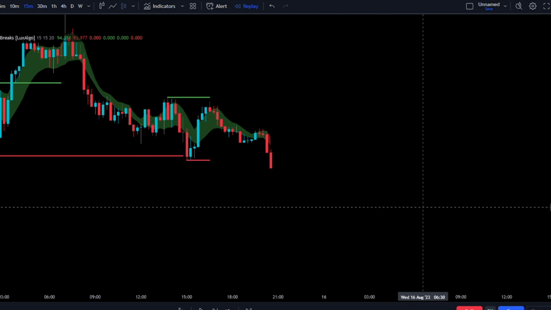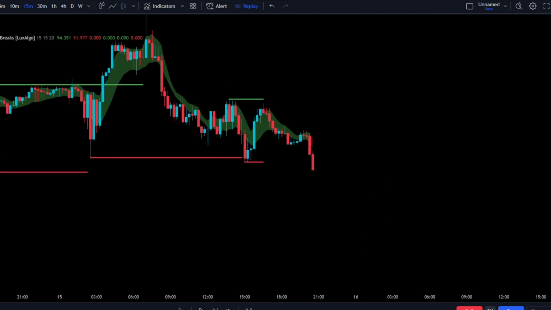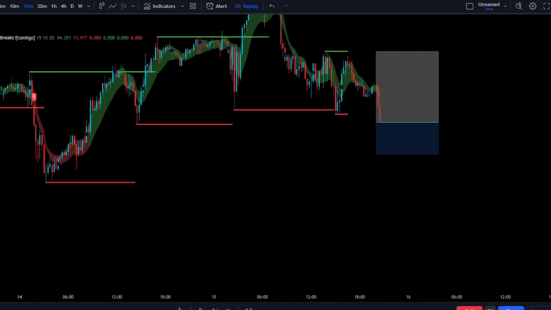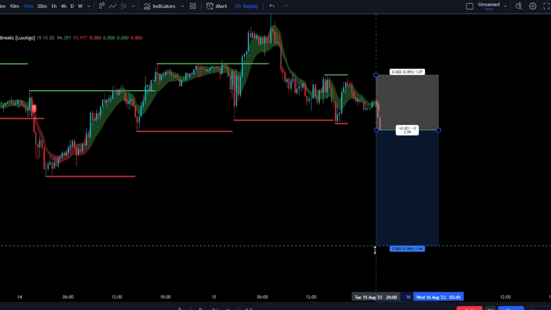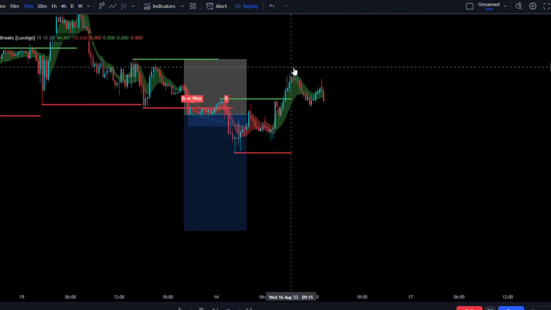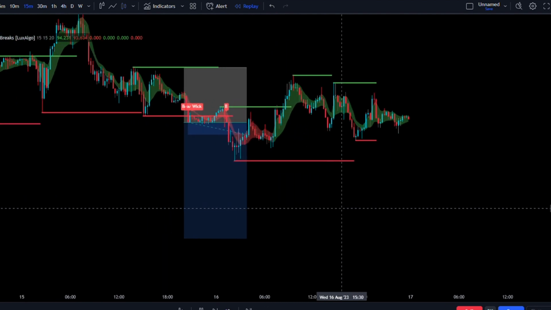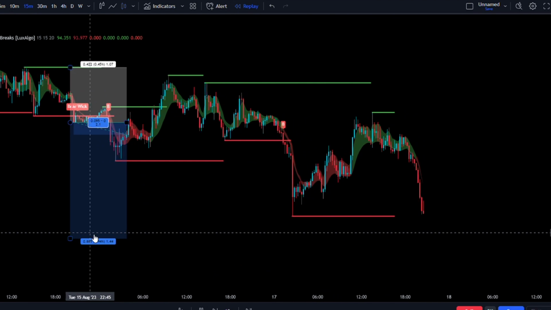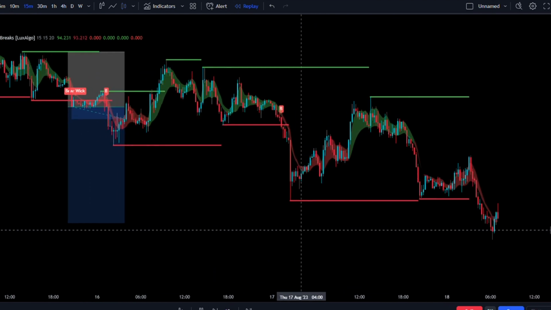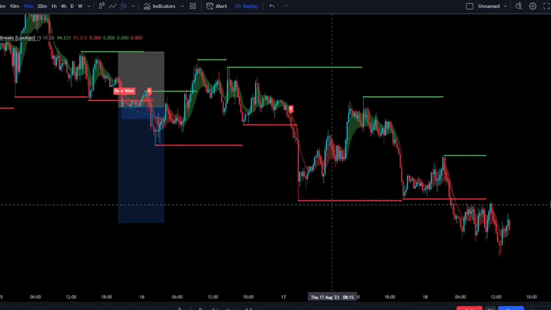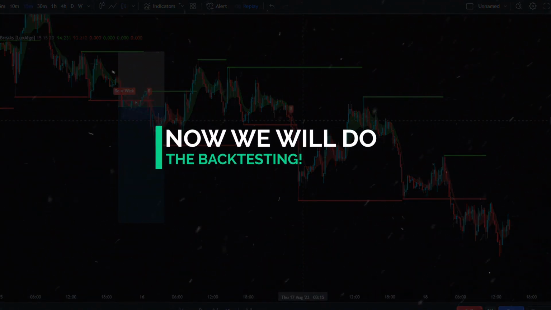Now all these confirmations have been met, we can take the instant execution, stop loss at the green line, and we will be targeting a 1 to 2 risk to reward. Okay, so the take profit has been hit. Now I'm going to backtest this 100 times and come back to you with the results.